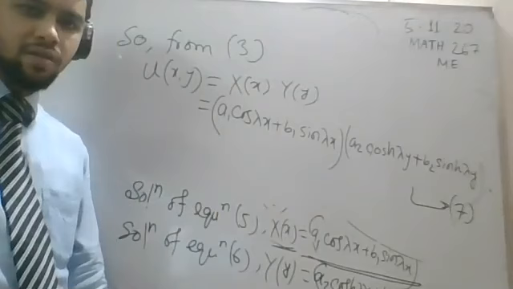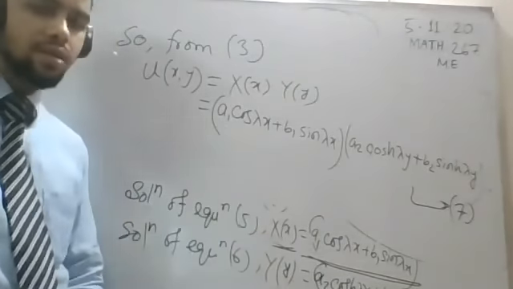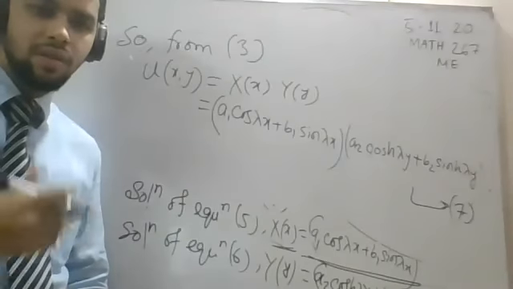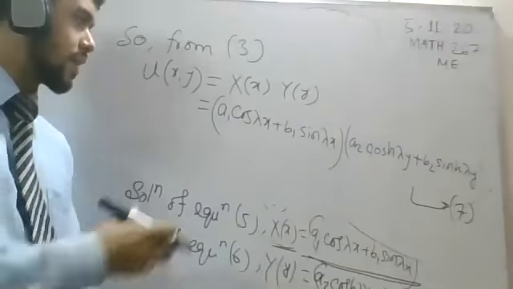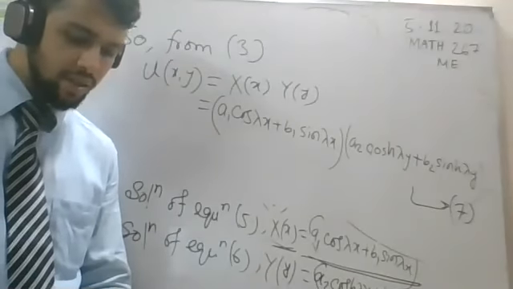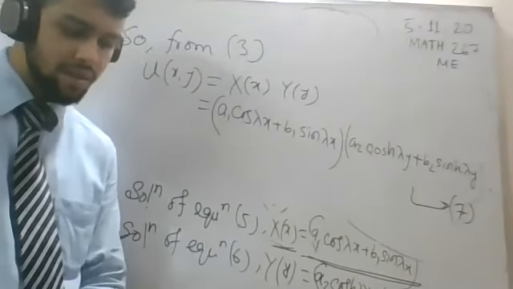So to find out the constant values, you have to use those boundary conditions. So you have to apply these boundary conditions and find the solution. I will discuss this boundary condition in my next class today.